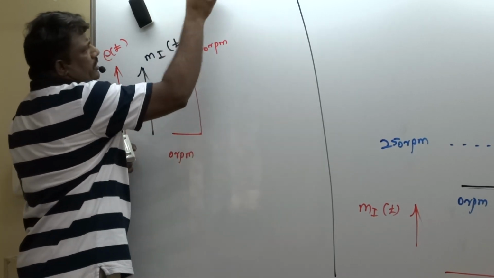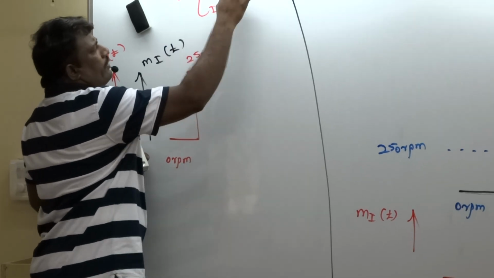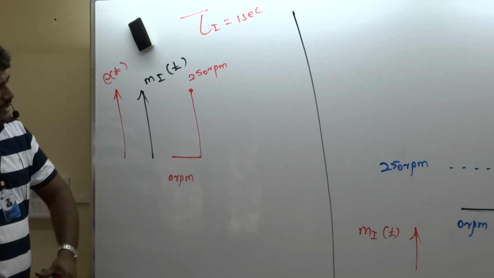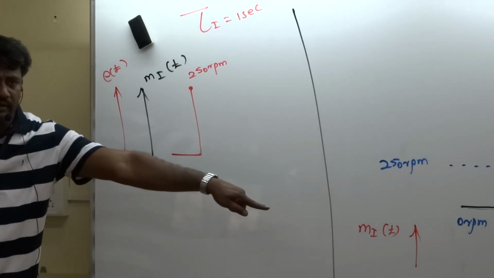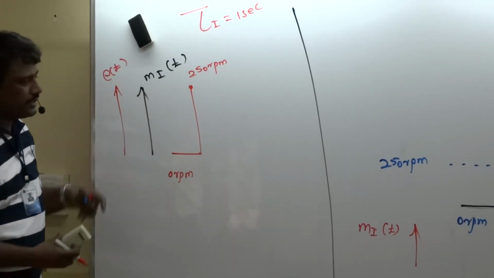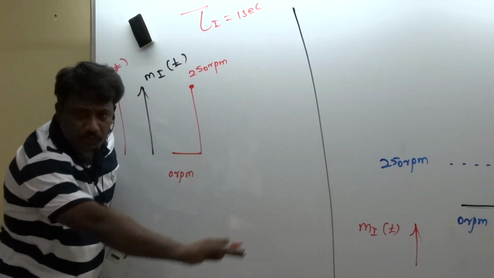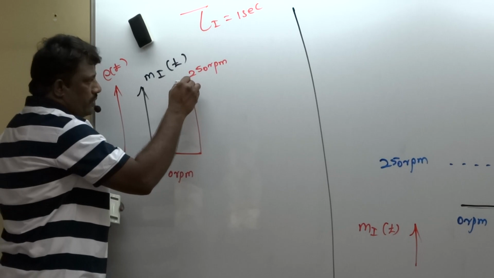Let me take tau I equal to what? 1 second. For time intervals, 10 times tau I for the time taken, 10 seconds. So within 10 seconds, it decreases from 250 RPM to 0 RPM for e of t.